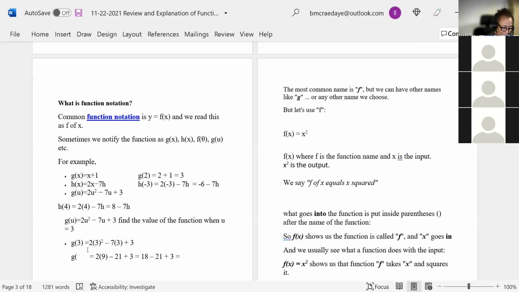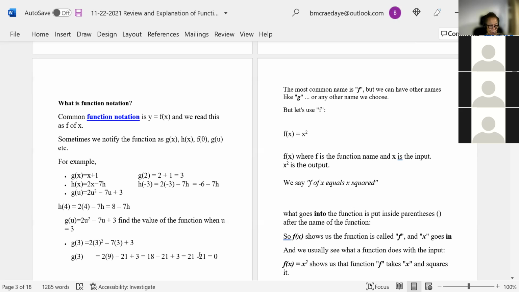That's right. You're absolutely right. It's 0, because 18 and 3 is 21, and 21 minus 21 is equal to 0. So you get a plus 21 and a minus 21, and that's equal to 0. So the function G of 3 is 0.